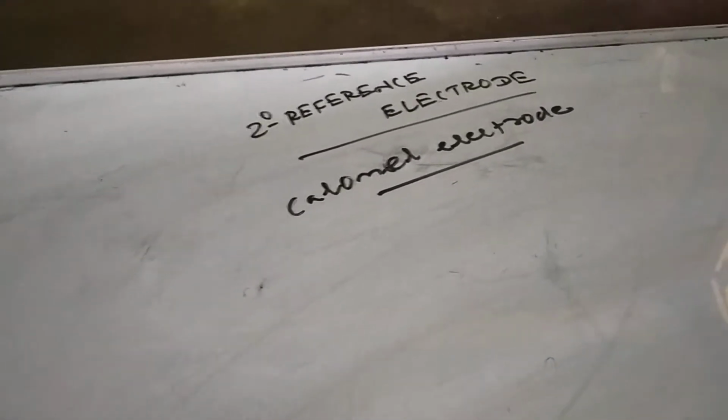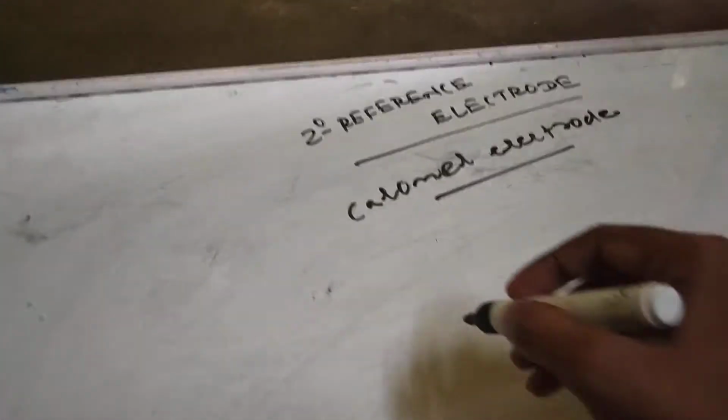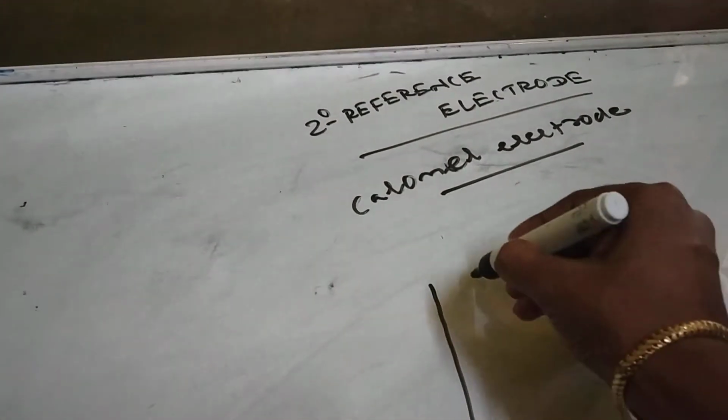In the Calomel electrode we are taking a glass tube.